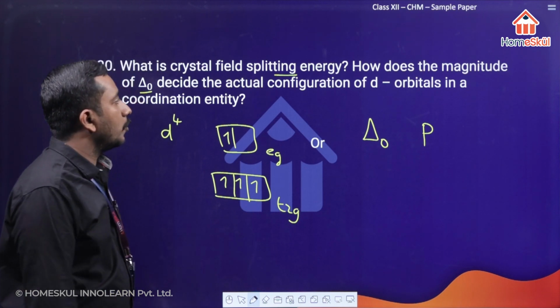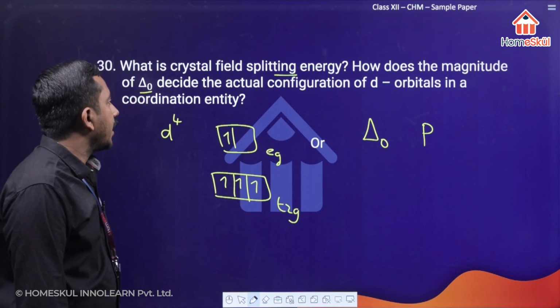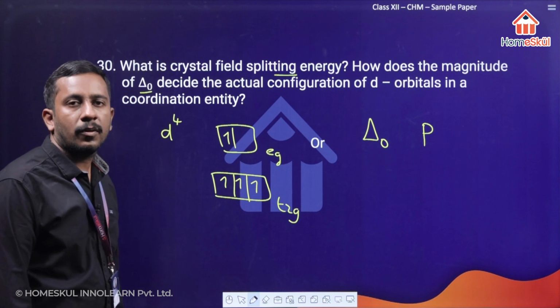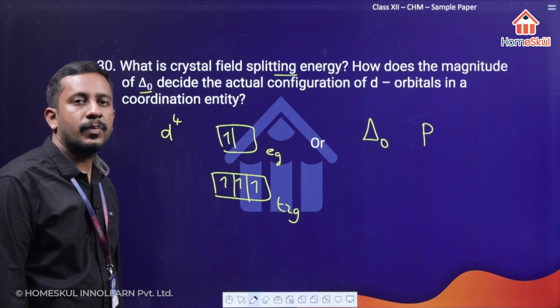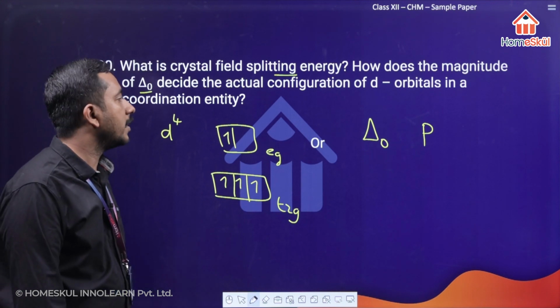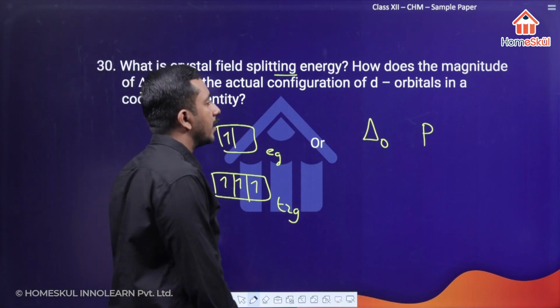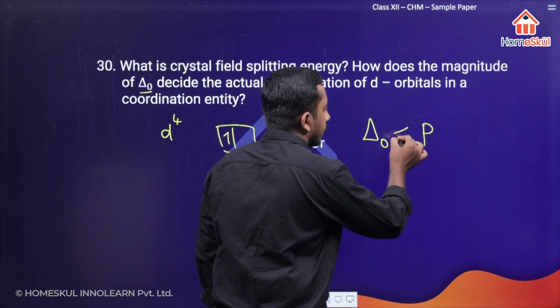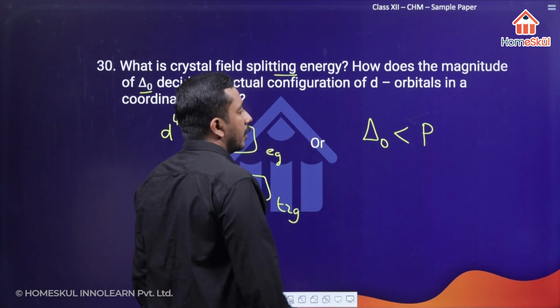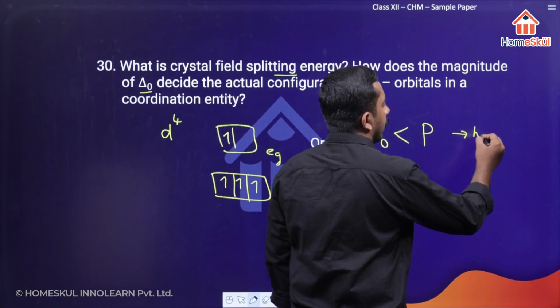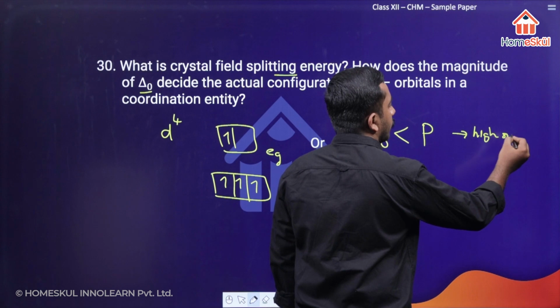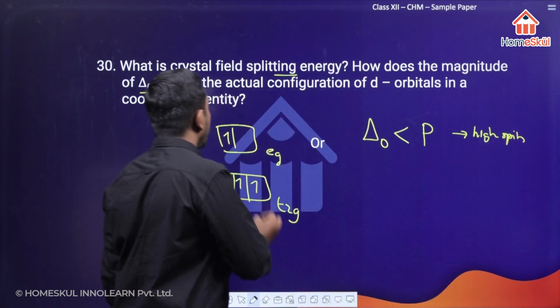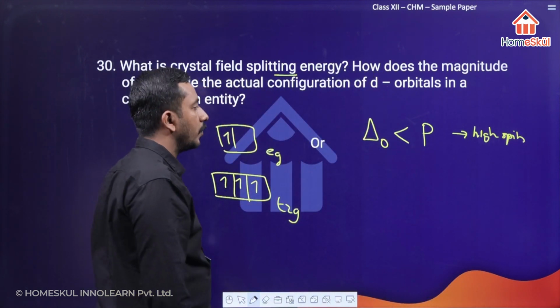So the actual configuration of orbitals is explained by the comparison of these 2 energies, the crystal field splitting energy and pairing energy. If the pairing energy is greater, then we will obtain a high spin complex or a high spin configuration where the electron will be placed in the higher energy orbital.